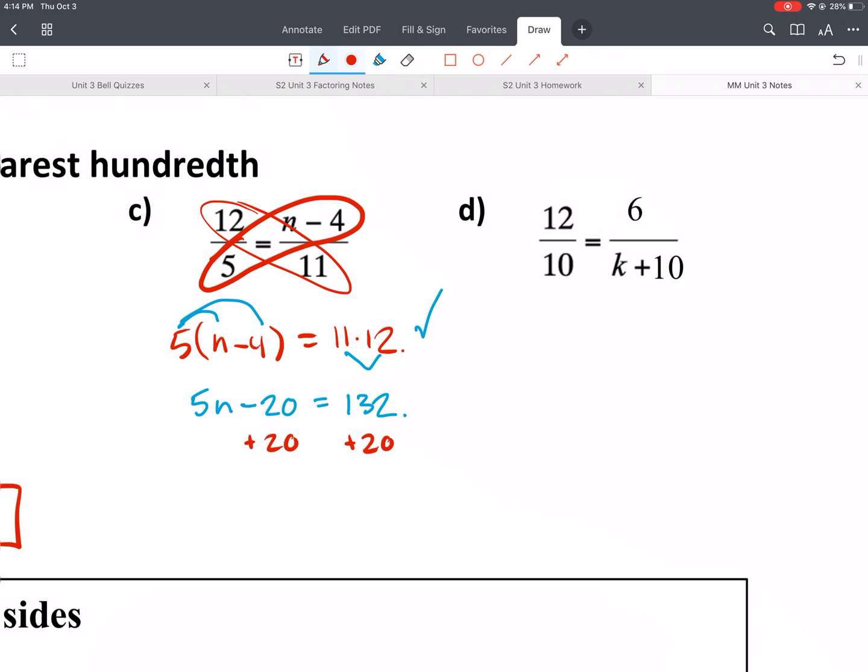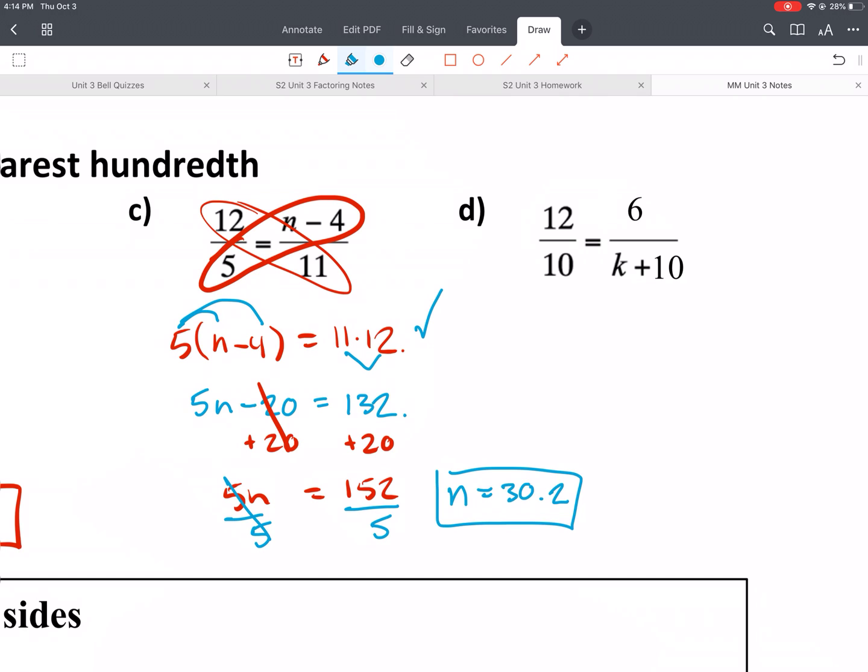Remember, when we're solving, we do the opposite of PEMDAS, so we'd need to do that first. We get 5n equals 152. And then we would divide both sides by 5. That would end up giving us n equals 30.2. You could plug that in your calculator, and that would be great.